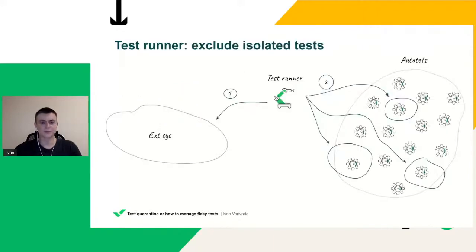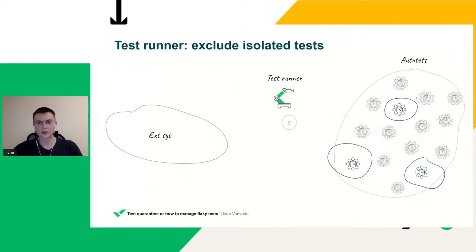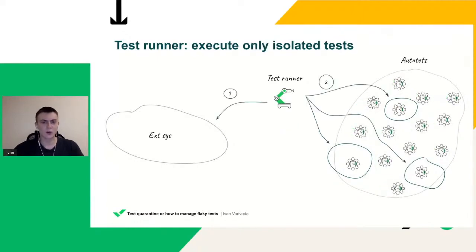And the second main, really important module in this scheme is the test runner. The first goal of our test runner is excluding isolated tests. So the test runner has to run only not isolated tests, and usually these tests pass. The second goal of the test runner is executing only isolated tests.